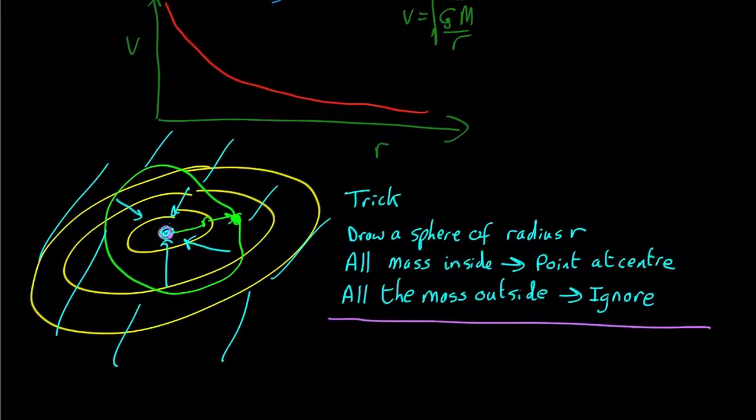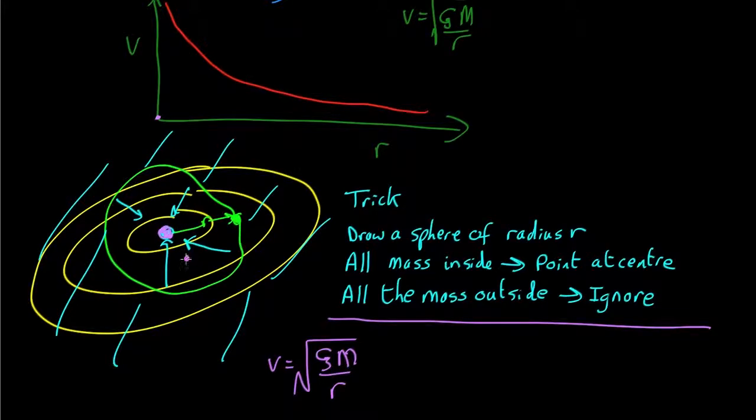In this case, r is very small. v equals root GM over r still, but M is just the mass inside the sphere. So r is very small, but M is smaller still because there's basically very little mass in here. So that means at the center, speed is actually very low, which kind of makes sense. If you're in the middle of a galaxy, there's an equal amount of mass in every direction, so you won't be going anywhere. You're being pulled the same way in every direction.